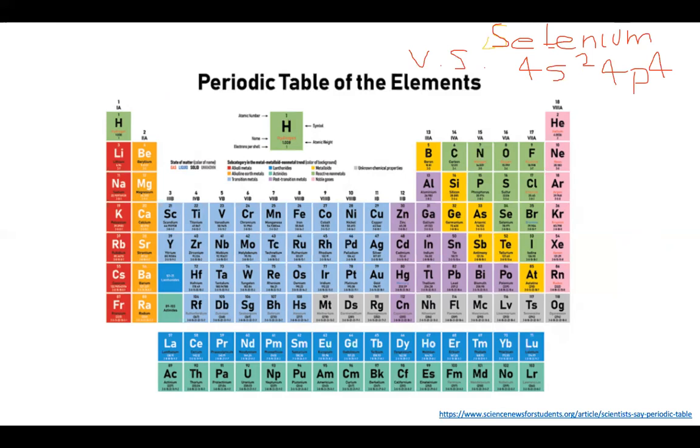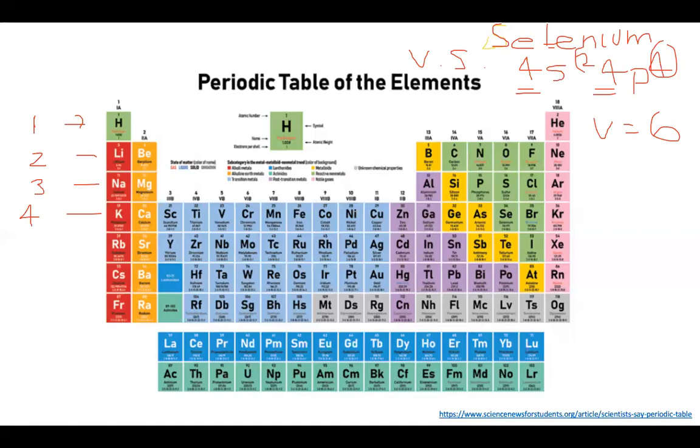Now the valence shell can give me information about where selenium is located. The big number tells me the row in which we are going to find this element. So we have row 1, row 2, row 3, row 4. And the valence electrons, which is the sum of the two exponents, which is 6, will tell me the group in which we are going to find selenium.